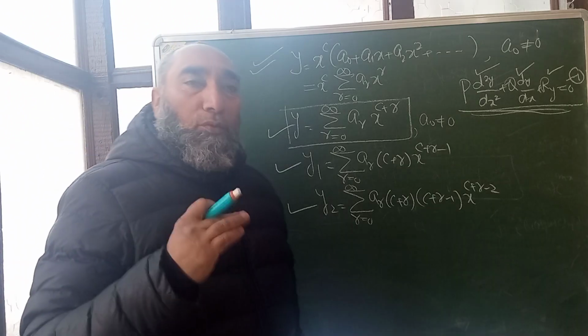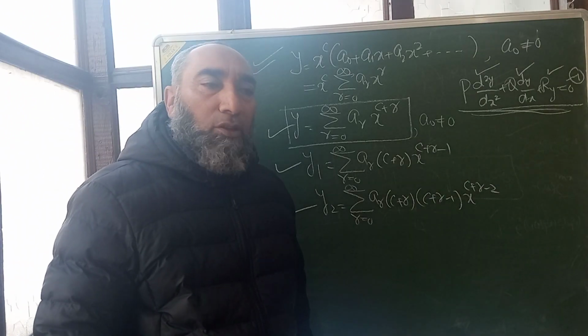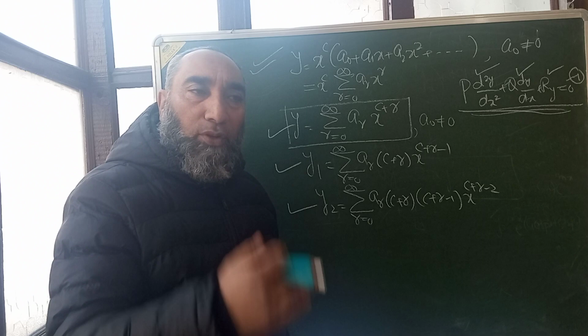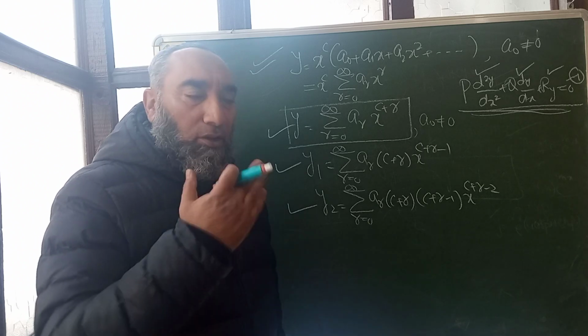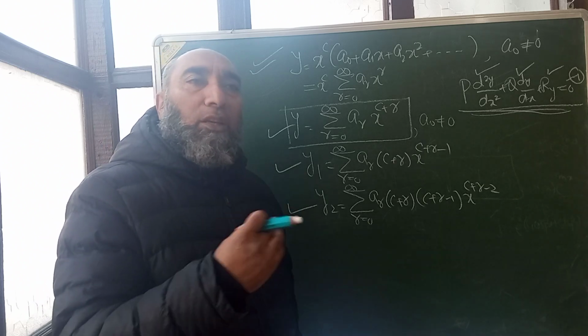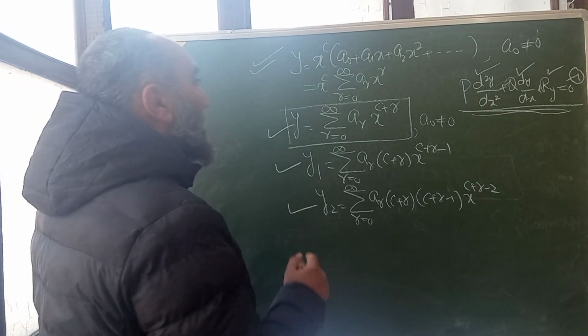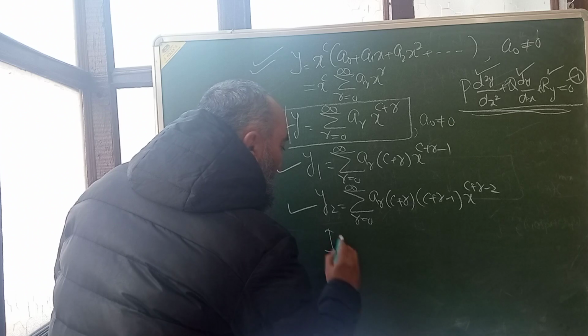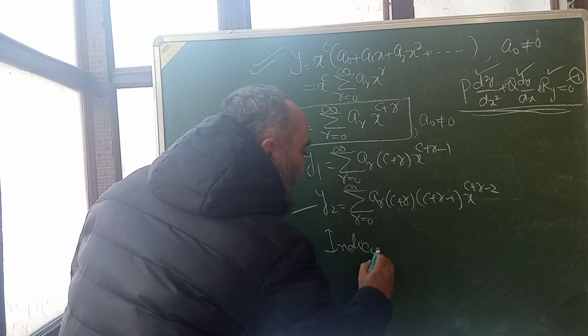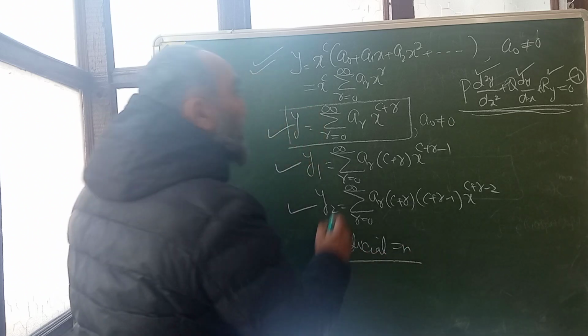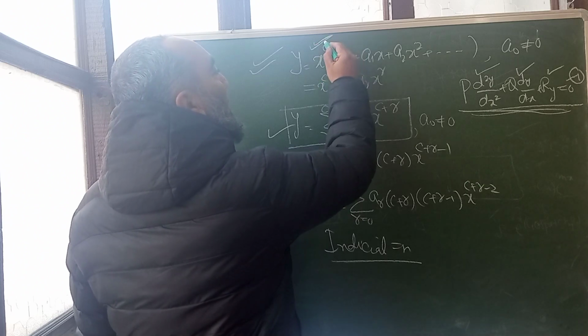Then I collect coefficients of different powers of x starting from the lowest. The lowest degree equation, when equated to 0, gives us a quadratic known as the indicial equation. From that indicial equation, we are able to find the value of this index c.